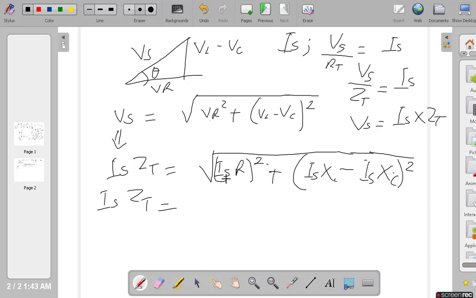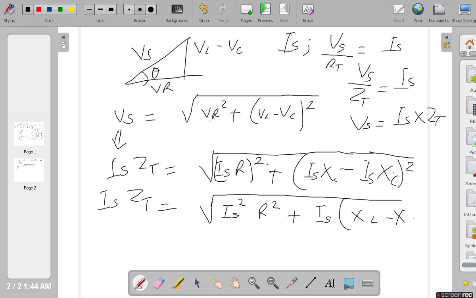IS Z total, if you look at it critically, we can factorize out IS. We can have IS squared times R squared plus, and here we can factorize IS because it's common, so we have XL minus XC squared.